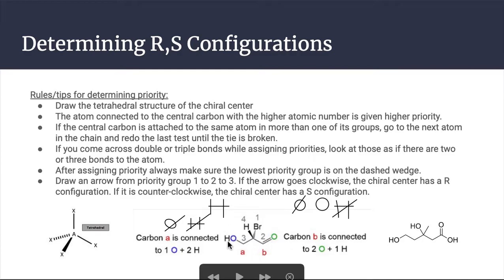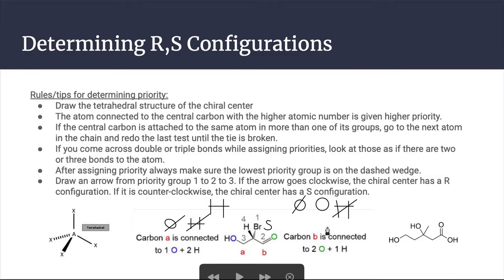So that would mean this is in the R configuration, but remember you have to switch it. So that would mean the actual compound is in the S configuration. So this one has an S. Here, I'm going to draw that. So this is in the S configuration.